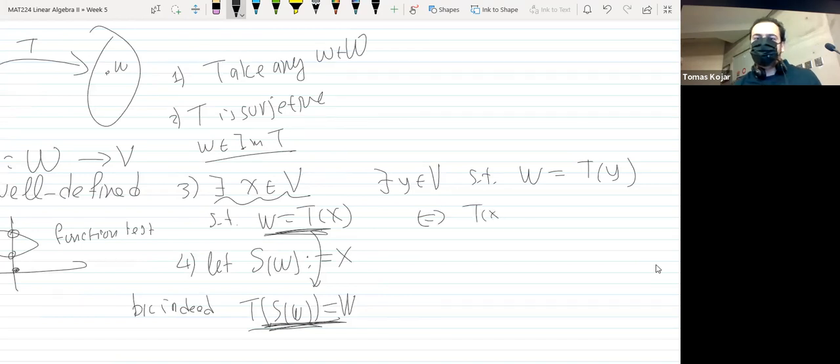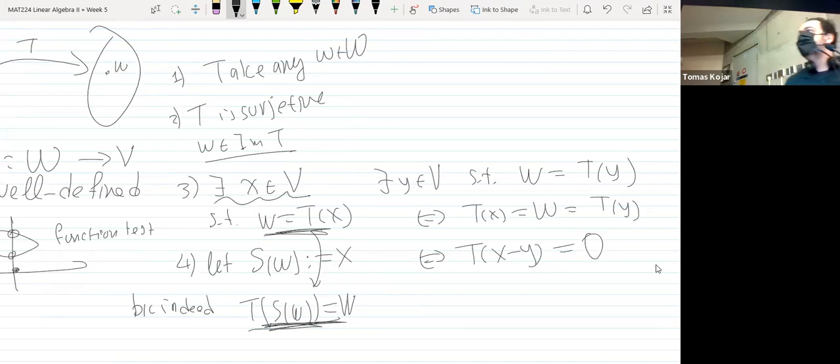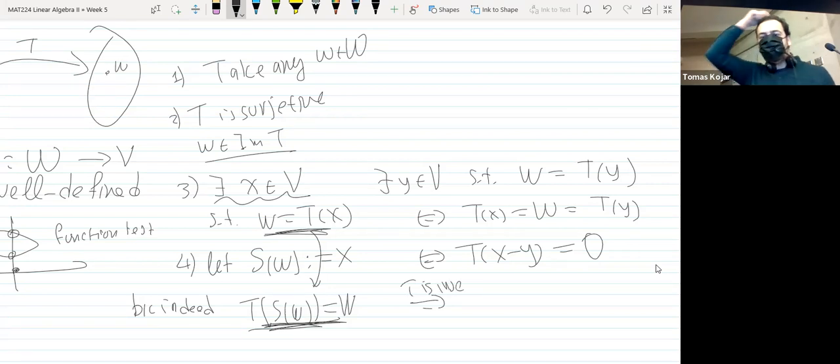You have TX is W, and this is also W, TY. Now you take their difference, and you get T of X minus Y is 0. But then T is injective. So what do we know about its kernel?